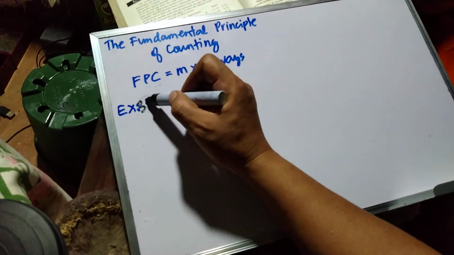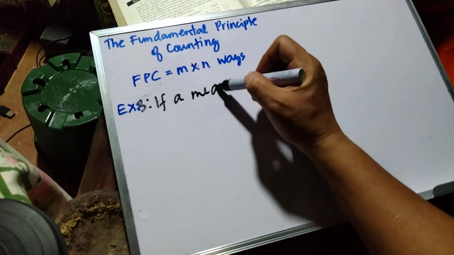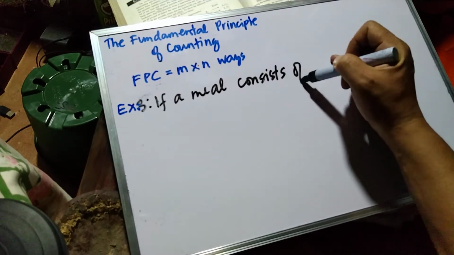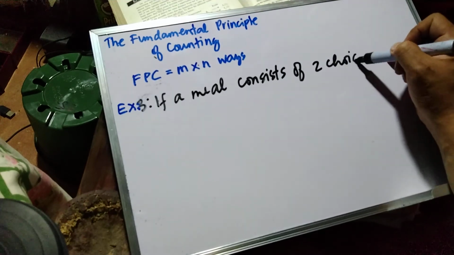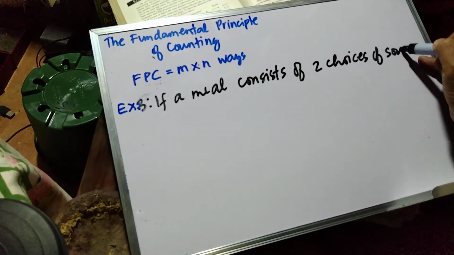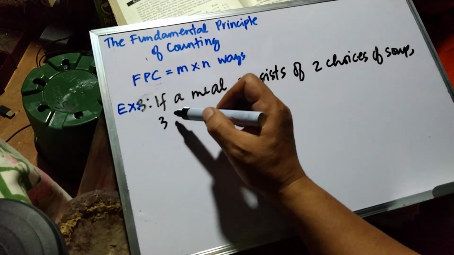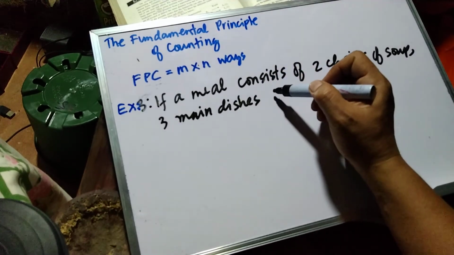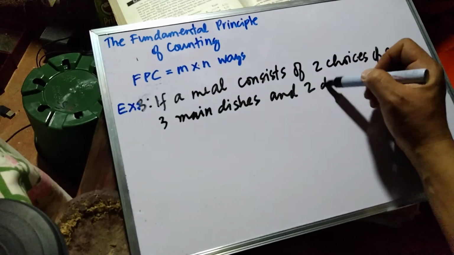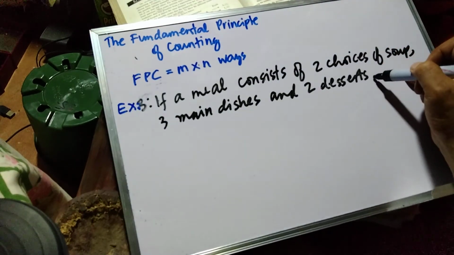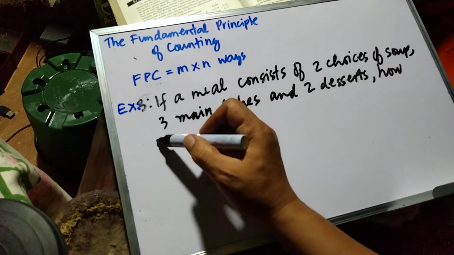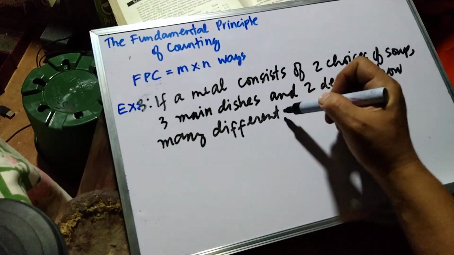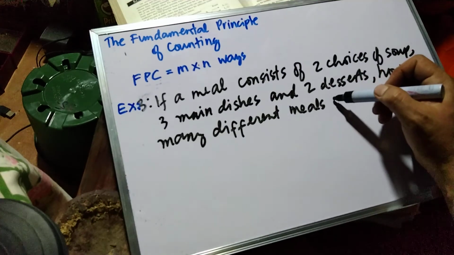If a meal consists of 2 choices of soup, 3 main dishes, and 2 desserts, how many different meals can be selected?